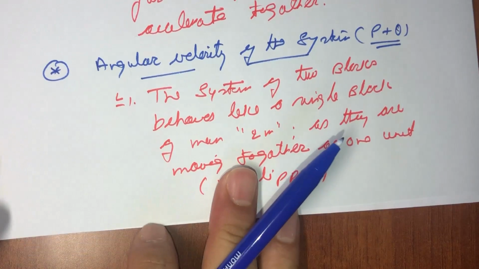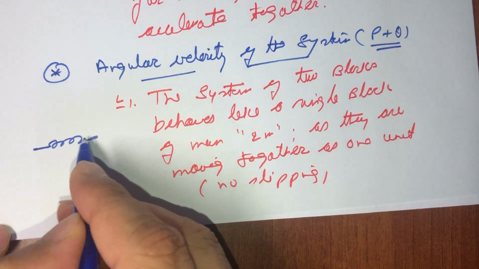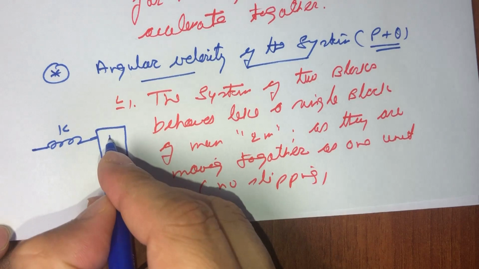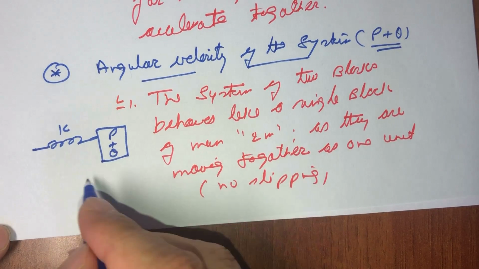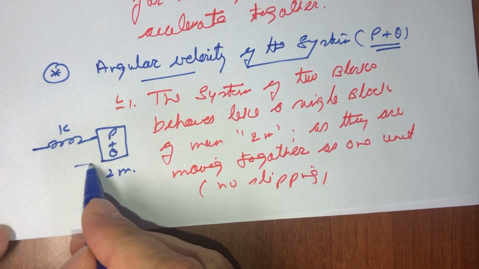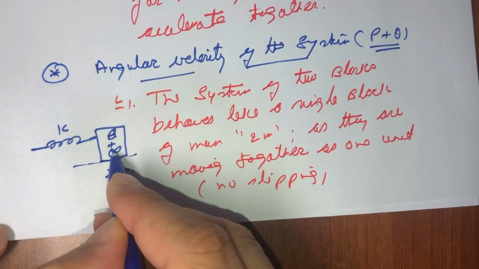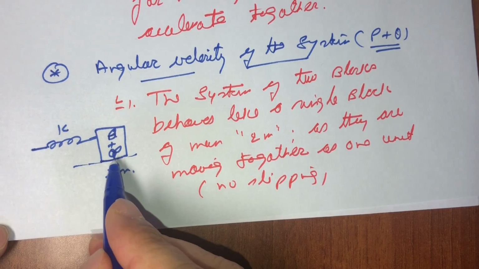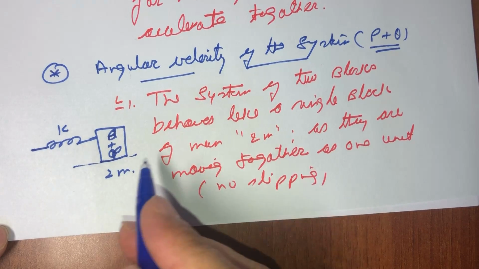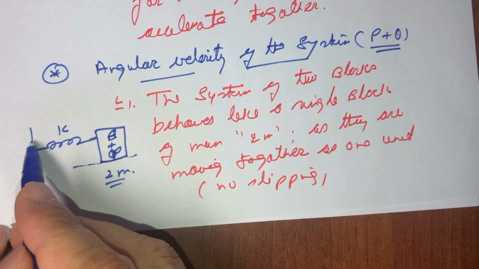So we can draw a rough sketch: we have a spring of constant K, and both P and Q are moving as one system with combined mass 2m. There is no friction between the lower block, P, and the ground. So the combined mass is 2m, and this is the wall.